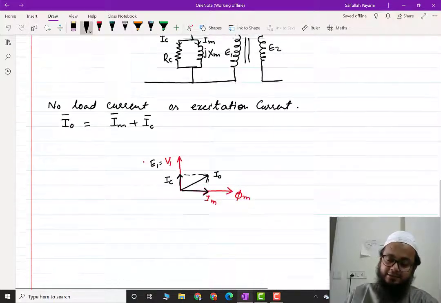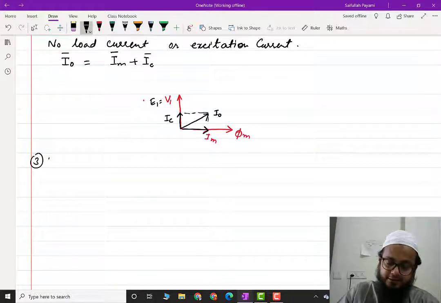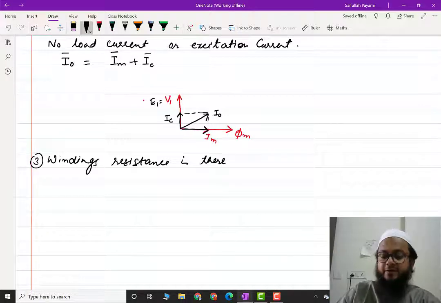Now the third condition was no winding resistances. So now I am saying that the third is winding resistance. Winding resistance is there. Earlier for the ideal transformer we said it is 0, but now it is there.